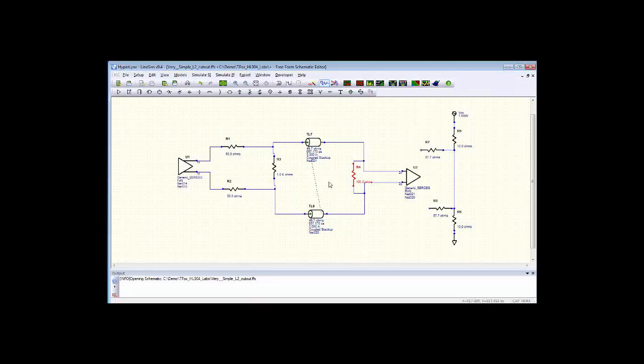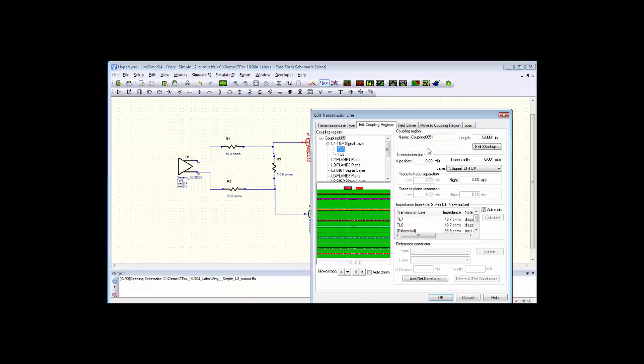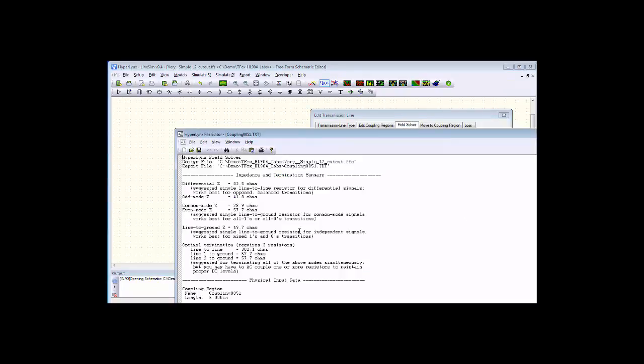Now let's go back and see if we can improve on this. Let me look at the field solver here, view the numerical results, optimal line to line.